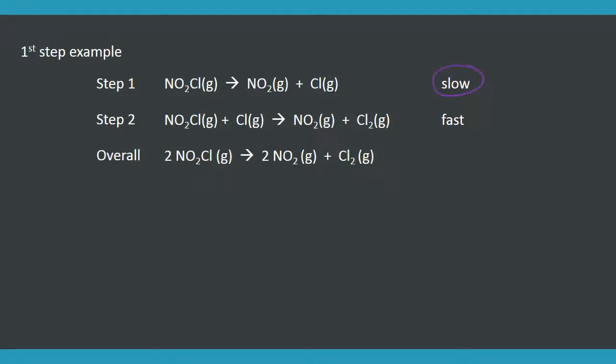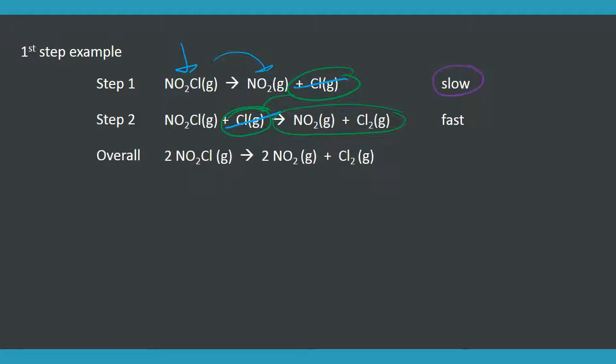So now what you have to keep in mind is that everything's based off the slowest step. That means NO2Cl is going to control the rate at which NO2 and Cl gas are produced. And that Cl gas is used as a reactant in the second step. So the speed at which that Cl appears is the speed at which it can get used to make the final products in the reaction.